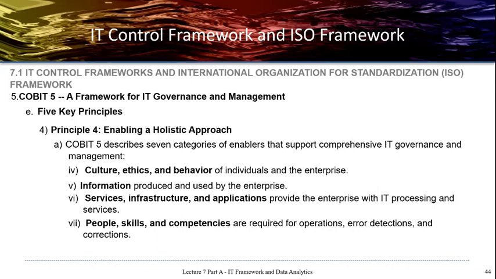They're looking at culture, ethics, and behavior, information, services, infrastructure, and applications. So you don't have to have another ITIL because services, infrastructure, and applications are also covered in COBIT 5. People, skills, and competencies are also covered. So they look at what the people competencies are for operation and correction.